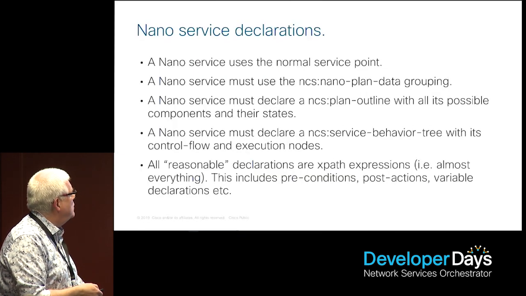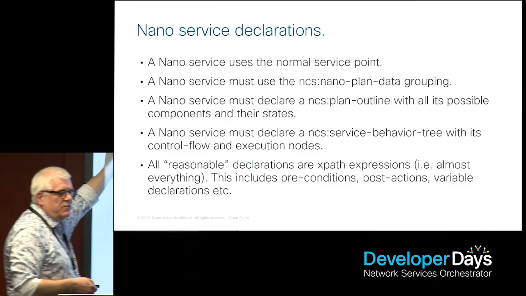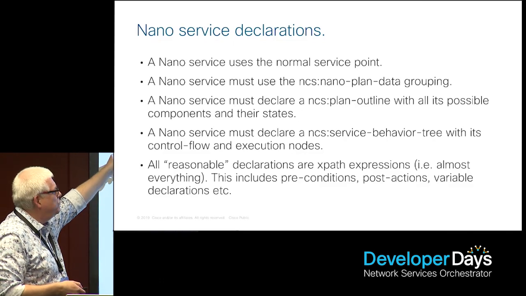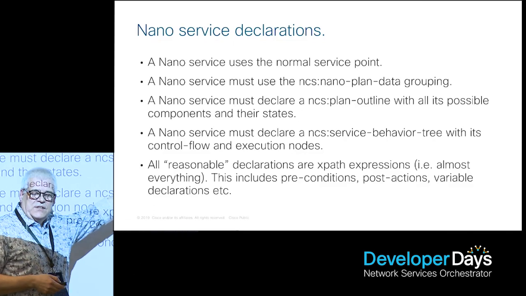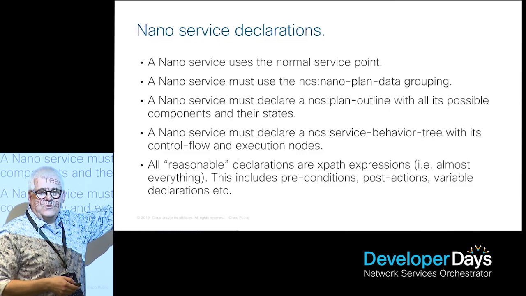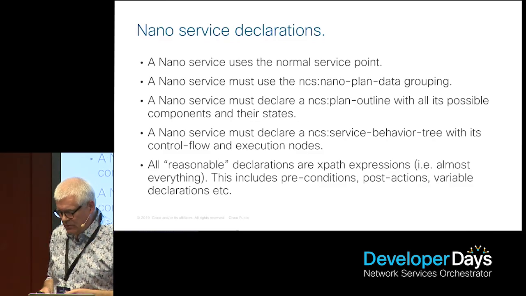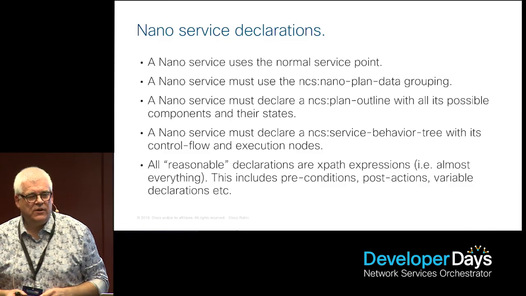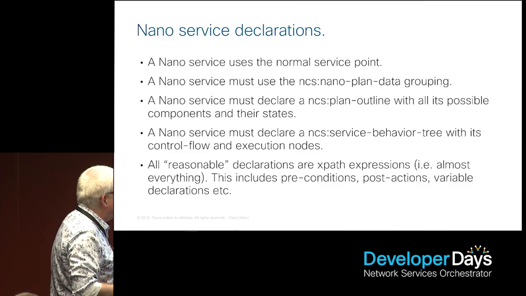Yeah, so how do you do this? You still have the same service point as before, it's a normal service, but you must change the plan. If you are using plan data, you need to change it, or you need to use nano plan data. That is the same structure, but with all the adornment or the decoration that you need for a nano service. So that is necessary.